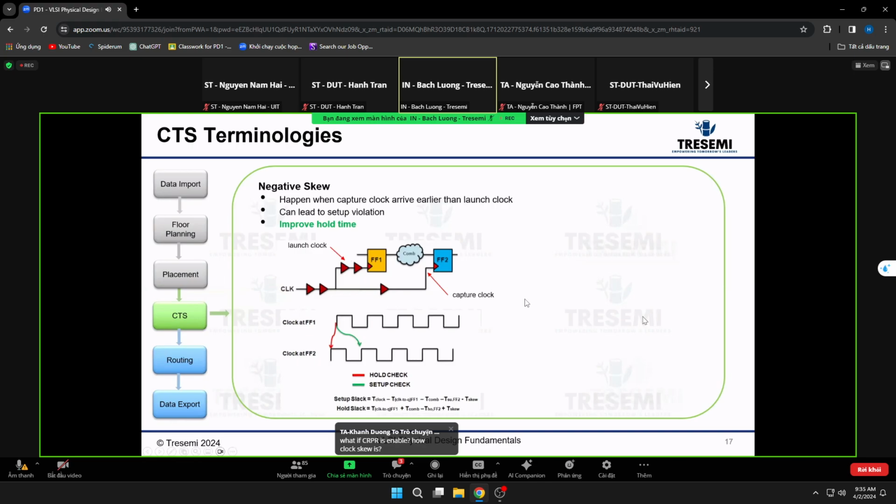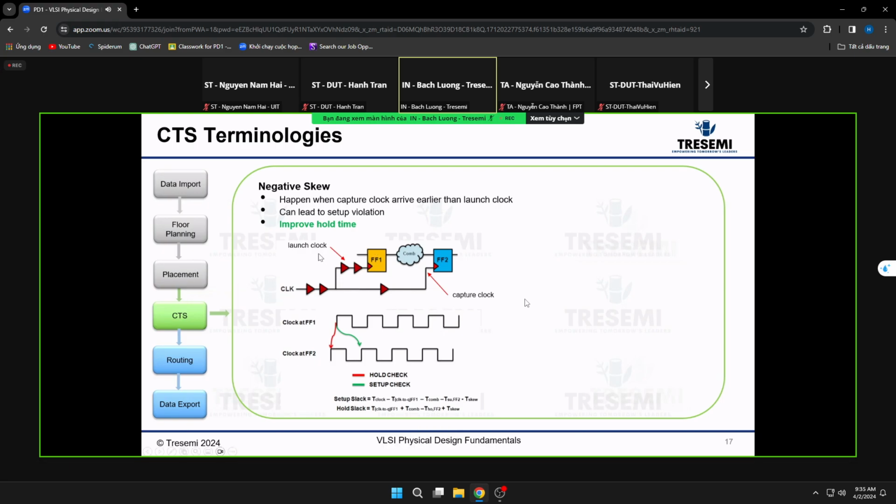Okay, the other is the negative skew. A negative skew is the opposite, meaning your launch clock arrives later than your capture clock. I'm sorry, the other way around: when your launch clock arrives later, the capture clock's insertion delay is actually shorter.